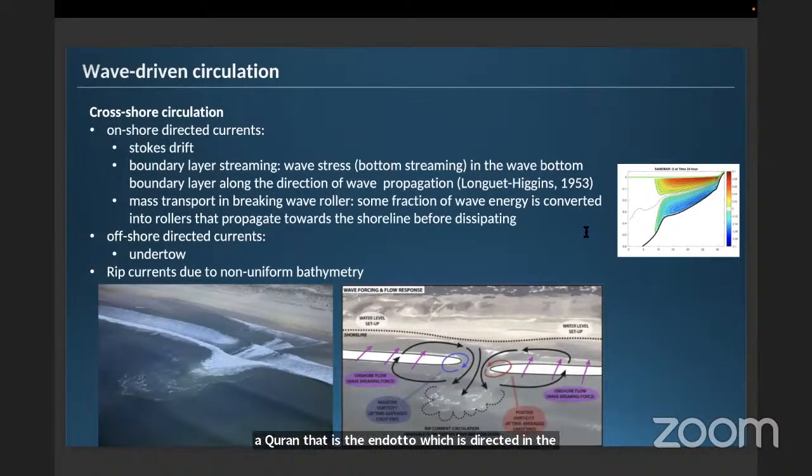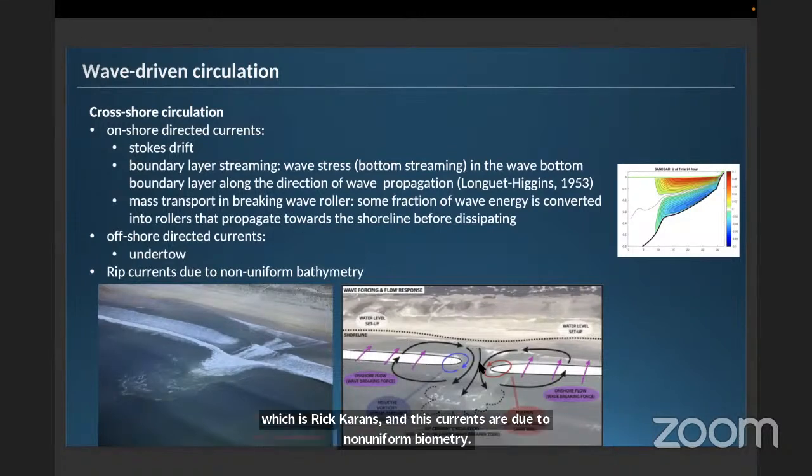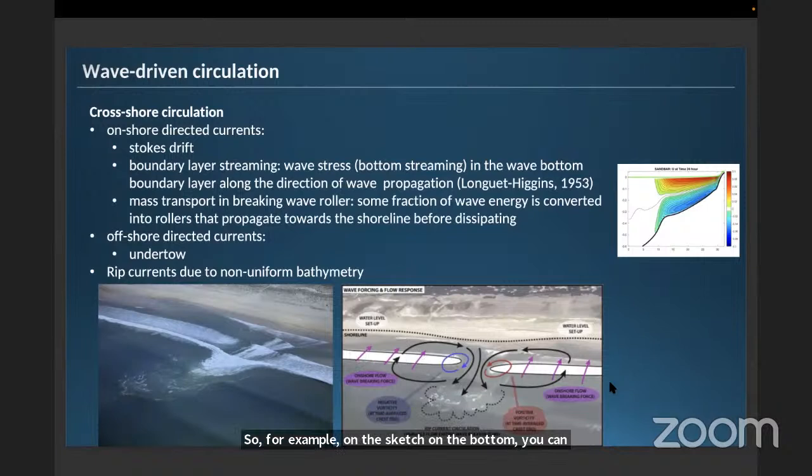Then there is a third effect that is also well known in the coastal area, which is rip currents. And these currents are due to non-uniform bathymetry. So for example, on the sketch at the bottom, you can see that if you have some sandbars, you will have onshore flow toward the bar due to breaking, and some vorticity that is created at the edge of the bars that also creates an offshore current.